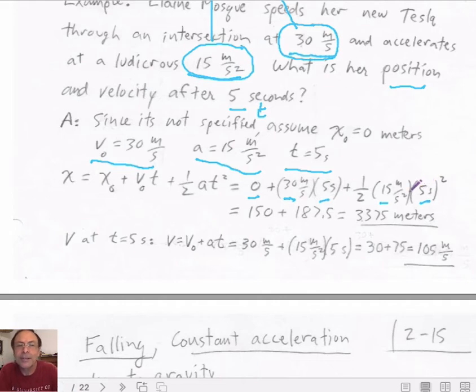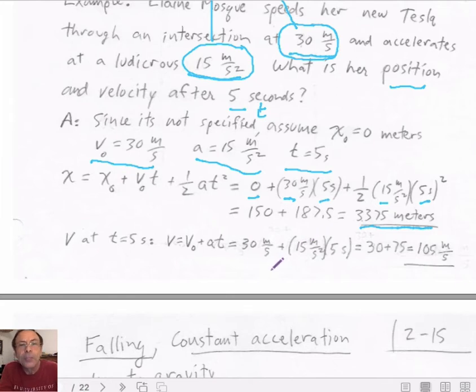Please try not to mess up. And you put it into your calculator and you get the answer, 3,375 meters. So, this car is really going fast, right? After 5 seconds, it's gone 3.375 kilometers. It's gone 2 miles in 5 seconds. Wow.